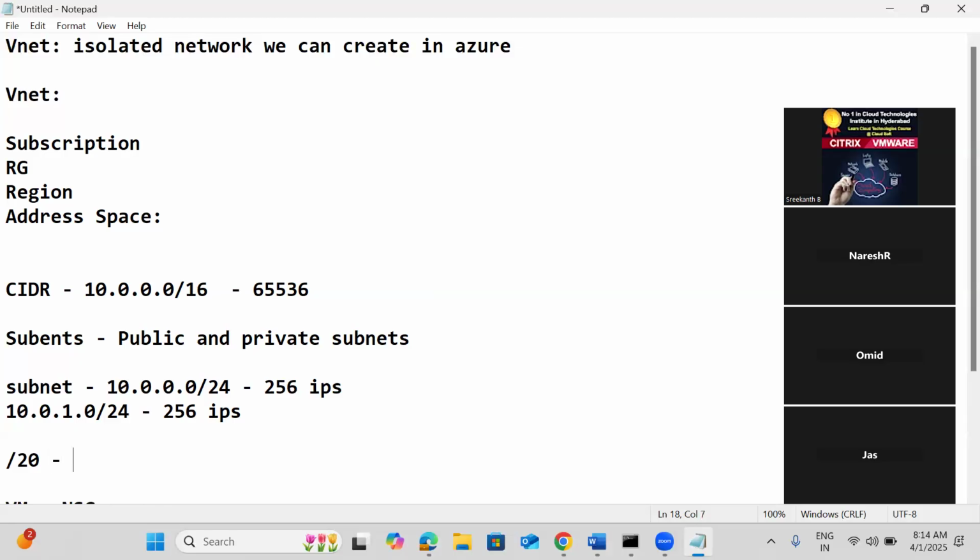That is equal to 4096 IPs. So how many IPs do we get in the subnet if I use /20? 4096.